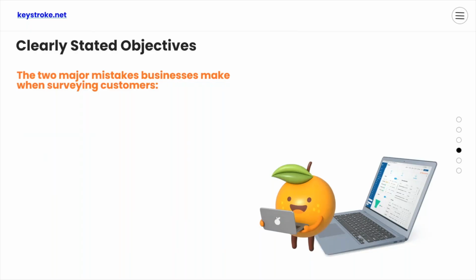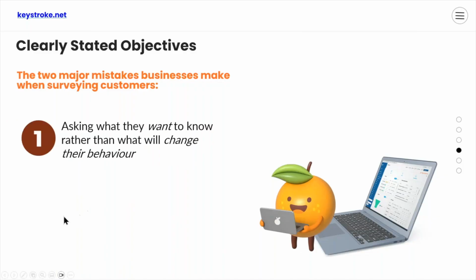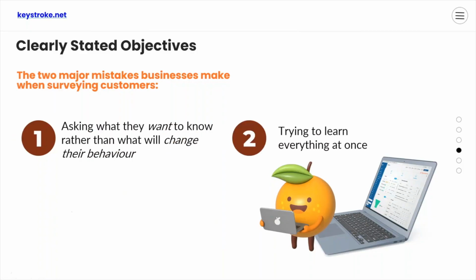And I know that seems fairly high level, but there are two major mistakes that businesses often make with surveys. First of all, asking what they want to know rather than what will change their behavior. Second, trying to learn everything at once.